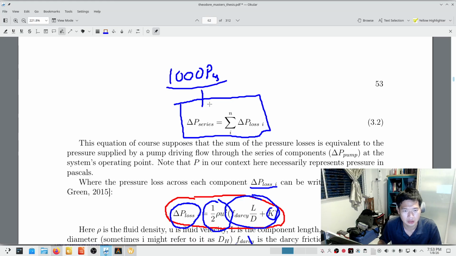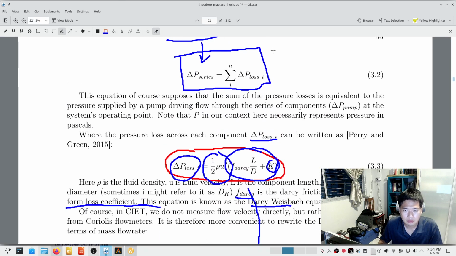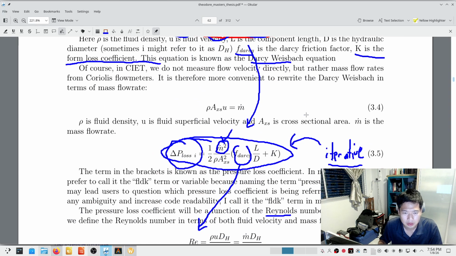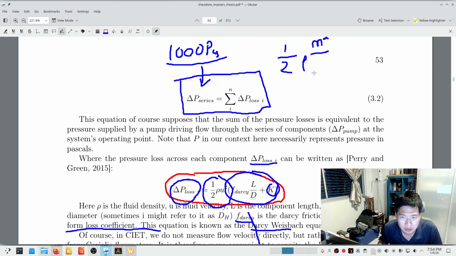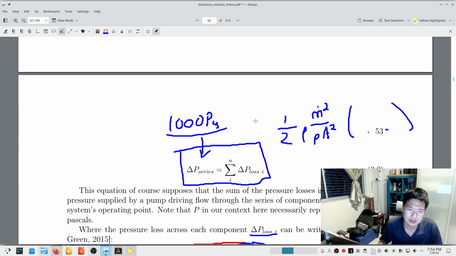The solution procedure will be to take these loss terms, half rho m dot squared over rho A squared, and then times whatever is inside, and then I sum them up. So this is the sort of equation we are dealing with.